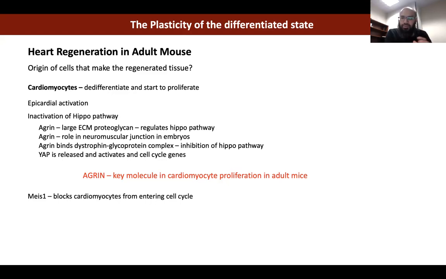While in regeneration, in most of the cases that we have seen, you have differentiated cell types that first de-differentiate and then redifferentiate. And finally, in heart regeneration, you have the agrin molecule and MEIS1, and if you can manipulate them, you can lead to the regeneration of the heart.